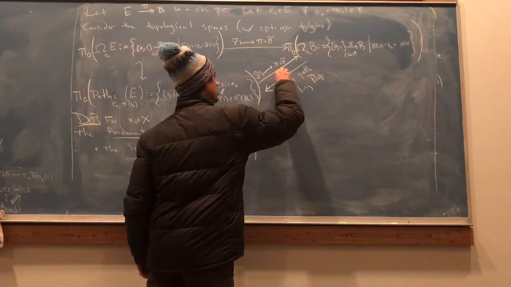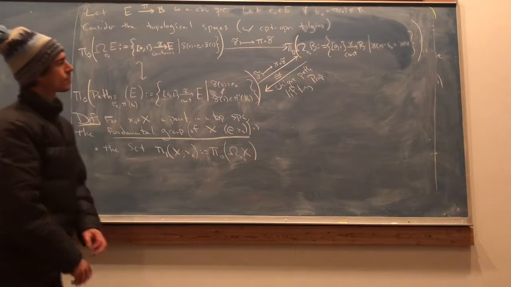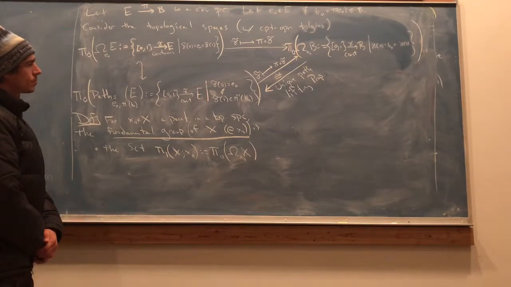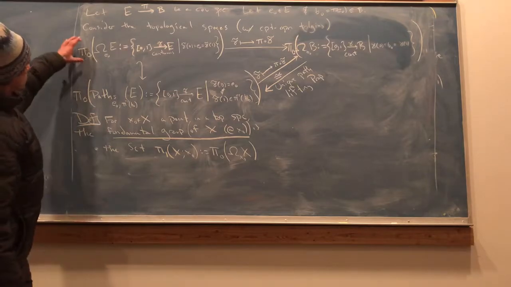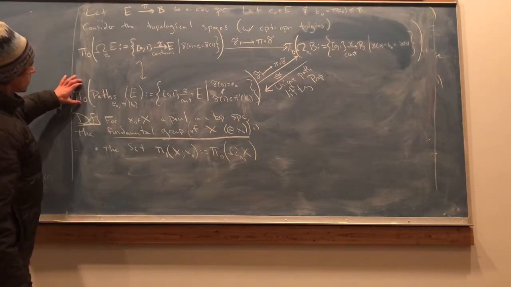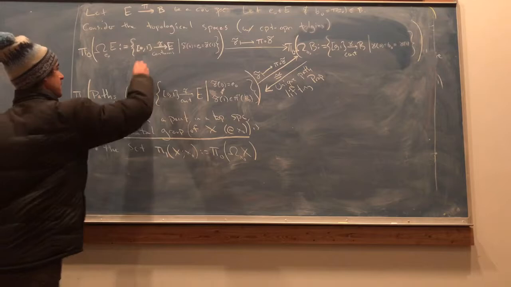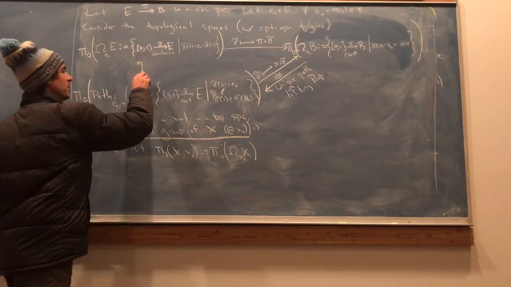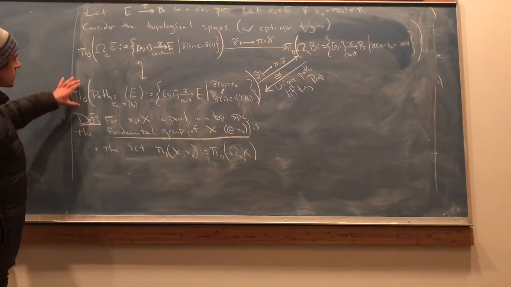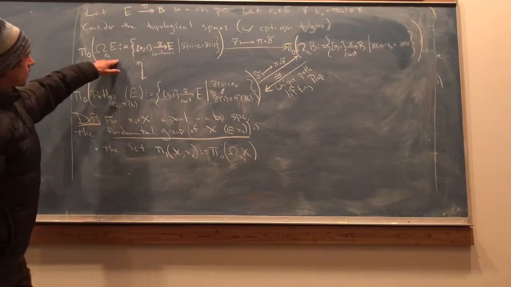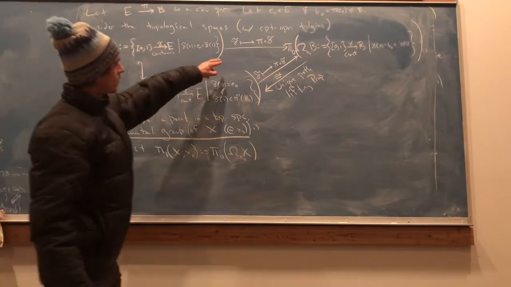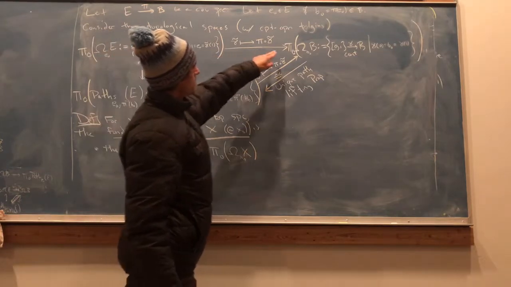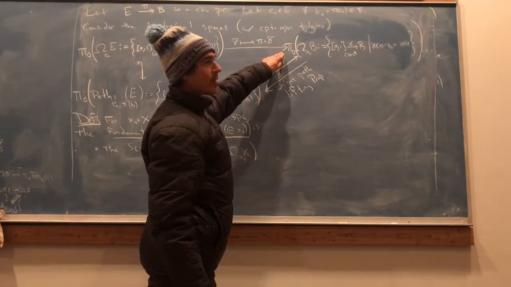These implement a bijection. And the conclusion from that is that this inclusion of path components, through this triangle, implies that this map is in fact injective on path components.